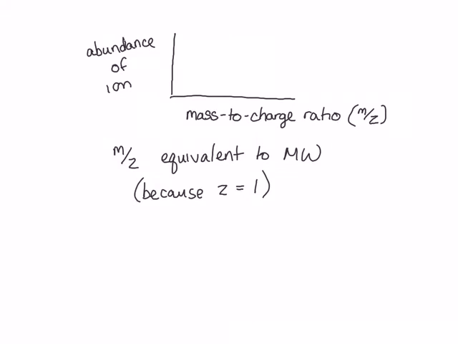To determine a compound's molecular weight, we need to look for what's called the molecular ion peak, the peak in the mass spectrum that's due to the molecular ion. The molecular ion is the ion corresponding to the mass of the original molecule. Remember, it's lost an electron, and since the mass of an electron is negligible, it essentially is equal to the mass of the original compound.